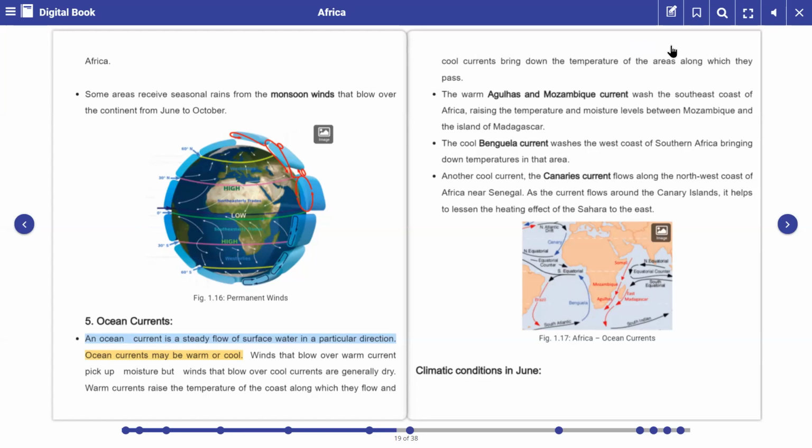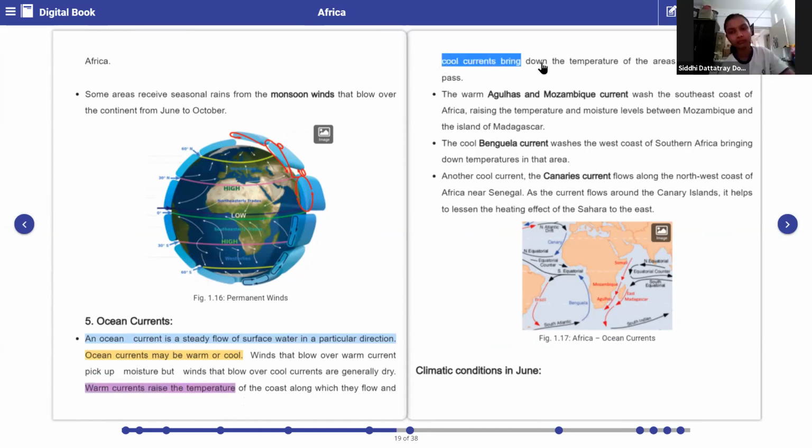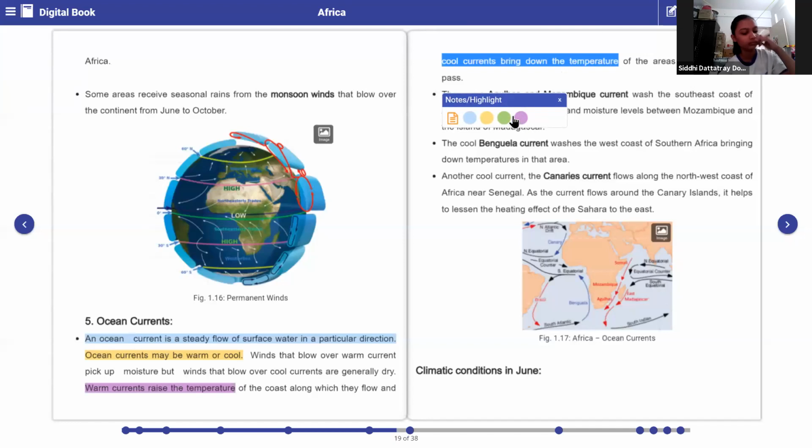The second point of differentiation is that warm currents raise the temperature of the coast along which they flow. Whichever coast the warm currents flow along, they raise the temperature. Please underline that. On the other hand, cool currents bring down the temperature. Please underline that. This is the second point of differentiation.